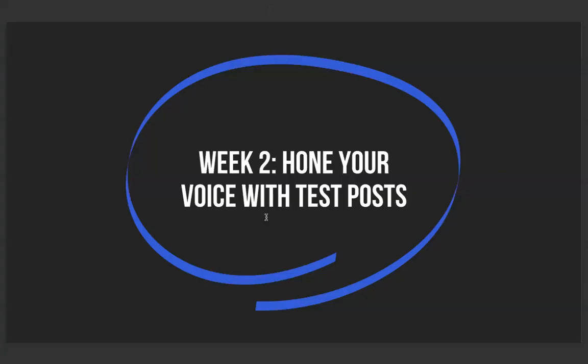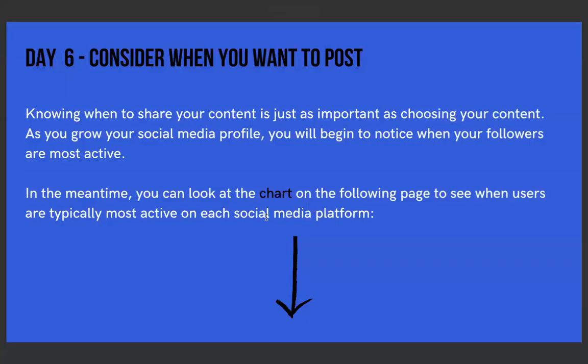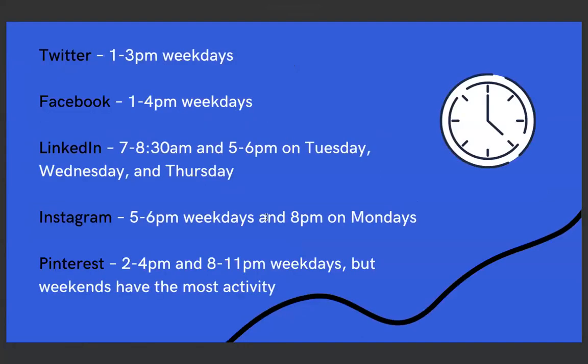On week 2, we hone our voice with test posts. That means we're going to know when to post your content, and that's just as important as choosing your content. In the meantime, you can also look at the chart of the following pages to see when users are typically most active on different social media platforms.